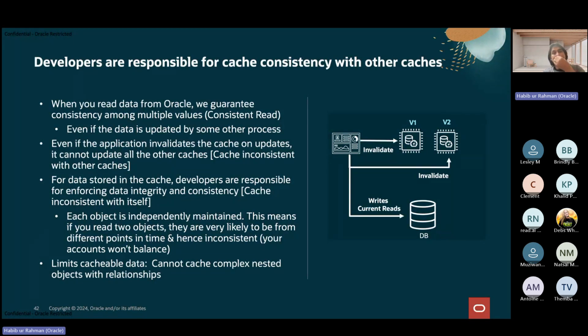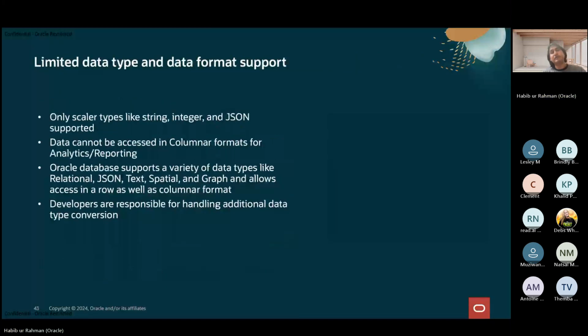It also has a limitation: it supports limited data formats, only scalars like string, integer, and JSON. I'm talking about the traditional one. And data cannot be accessed in column format. If you're looking for analytics reporting, it can only be accessed in row format. It doesn't support column format.